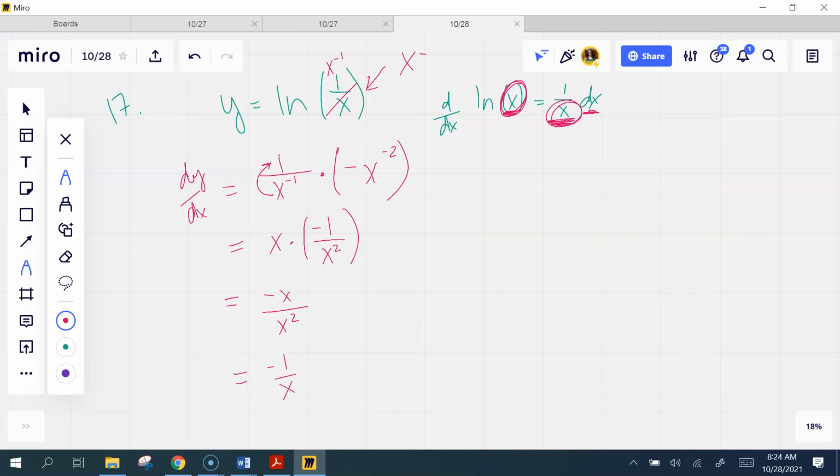But it's got to stay positive so that you don't have to worry about that, because that will be given to you if this is a multiple choice question. I've never seen you have to restrict a domain like that on an FRQ in that situation, but that's why. You can't take the log of a negative number, and if you think about it, the log of negative 1, what can you raise e to get a negative number? There's nothing you'll ever be able to raise e to get a negative number.